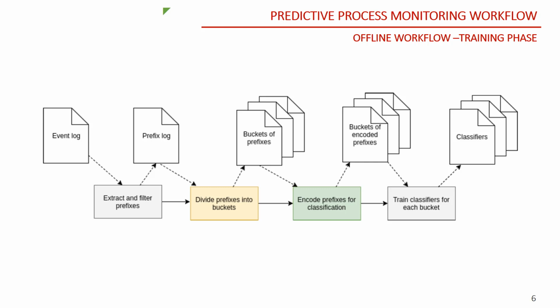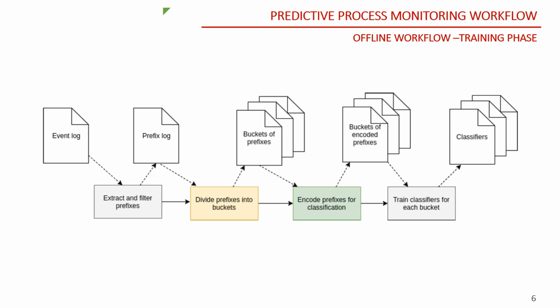Regarding the workflow, we have two kinds of pipelines. One is offline, basically focused on training and obtaining a classifier. We start with an event log, and then we have a classifier as a product. The first step is to extract and filter prefixes. These prefixes are basically patterns of executions of the case.